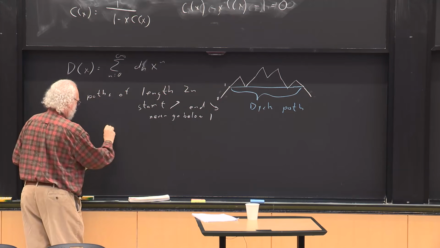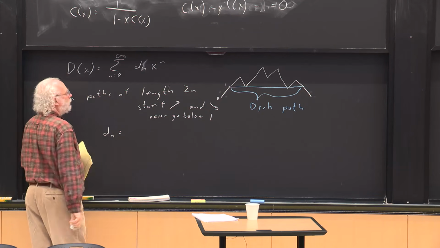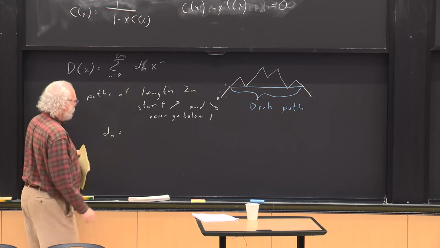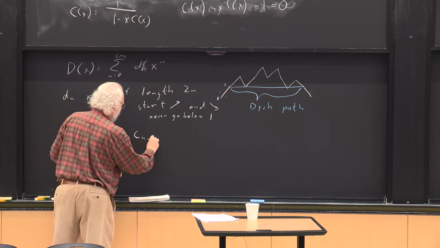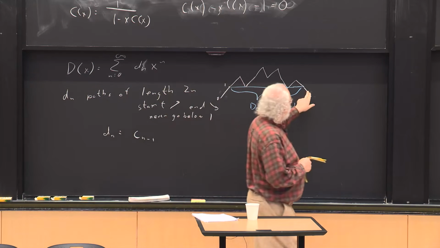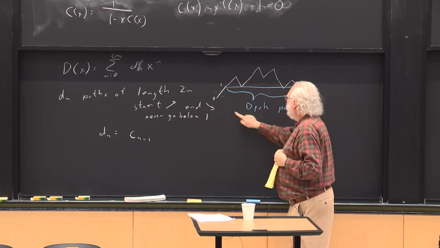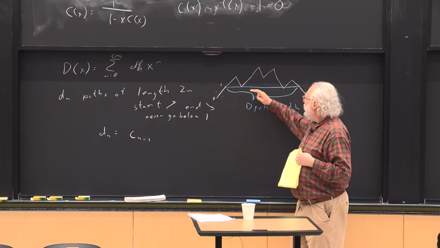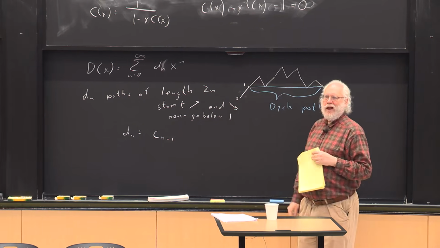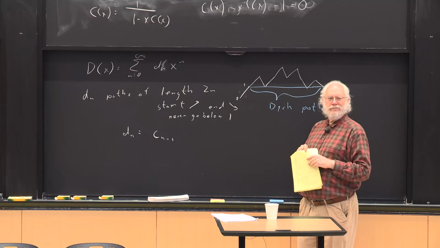So d sub n, the number of these raised Dyck paths, is equal to c sub n minus 1, because we have subtracted 2 edges from d sub n to get a Dyck path.